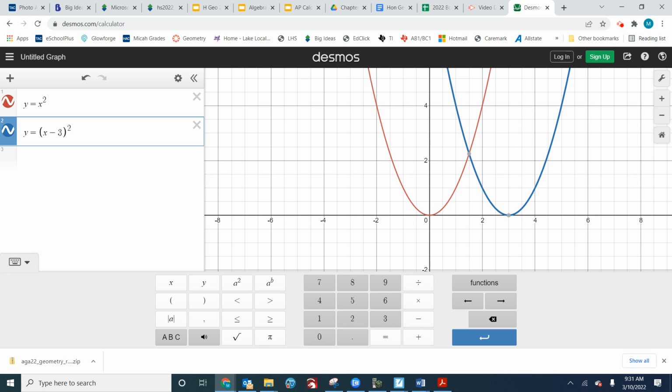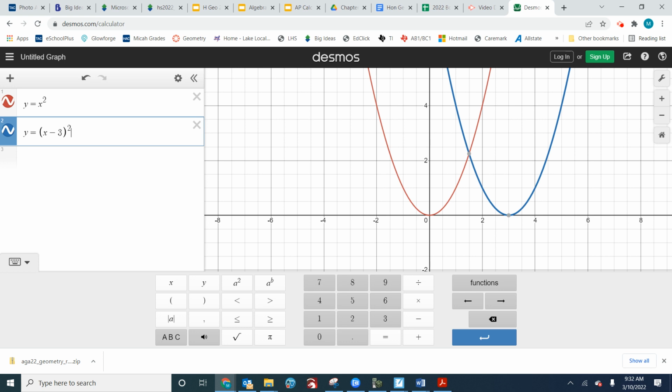Anytime it's in the parentheses, it's going to move it left or right. And it would move it the opposite way, Makana, from what you would think. When you think x minus 3, you think, oh, it's going to go 3 left, right? But if it's in the parentheses, it's going to go opposite, because when we square it, it's going to go positive. Does everybody understand that?